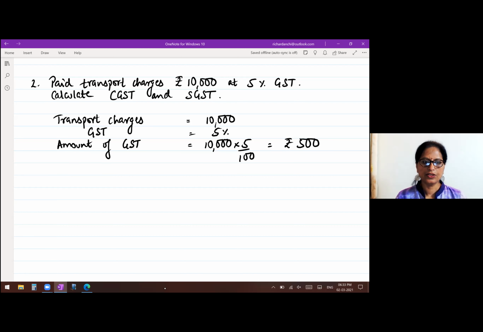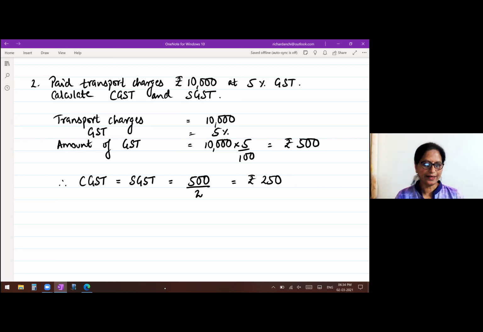Now always CGST and SGST is half. So whatever amount you get, that 500 you will divide by 2. Okay. So CGST is equal to SGST is equal to 500 upon 2. So that amounts to 250.